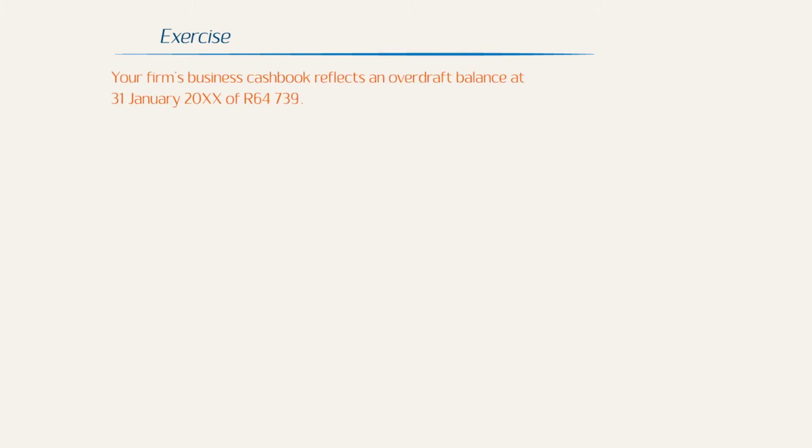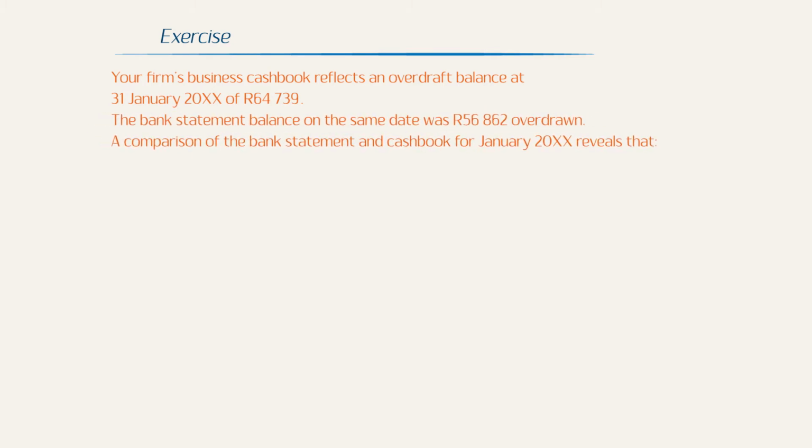Your firm's business cash book reflects an overdraft balance at 31 January 20XX of 64,739 Rand. The bank statement balance on the same date was 56,862 Rand overdrawn. A comparison of the bank statement and the cash book for January 20XX reveals that: 1.